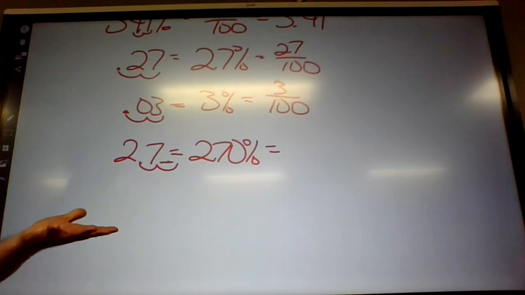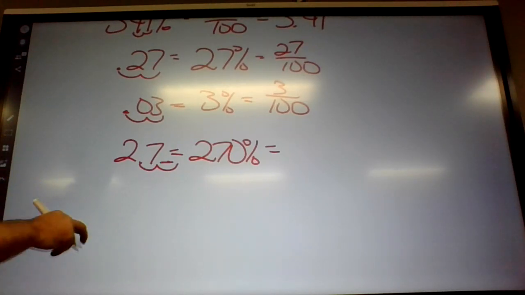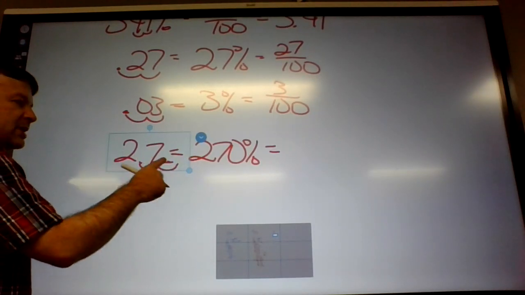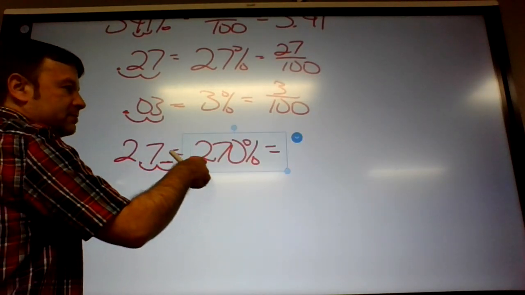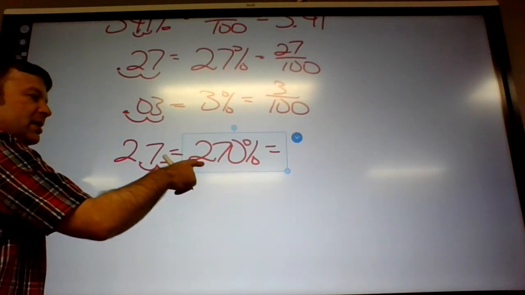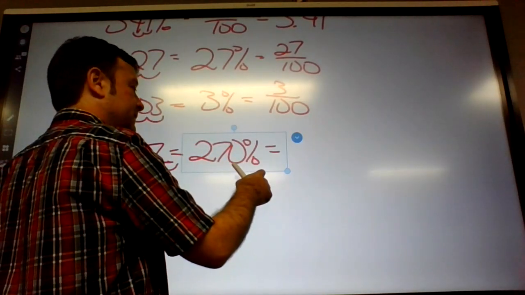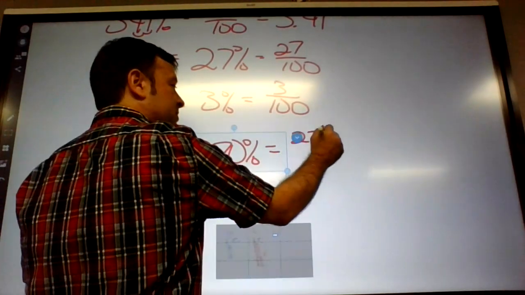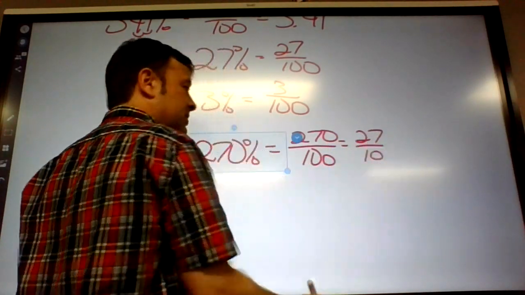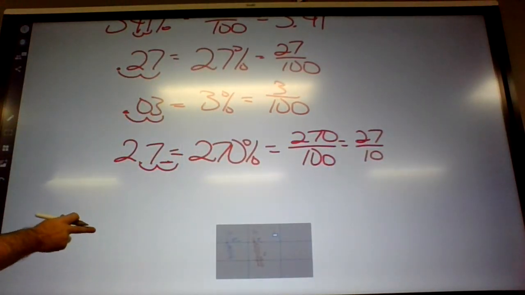Just means like 2 times. 2 is worth 200%. So this would be like 2.7, 2 and 7/10, over 2 times as much. Anyway, so this would be 270 out of 100, and that would reduce, the zeros would drop off.